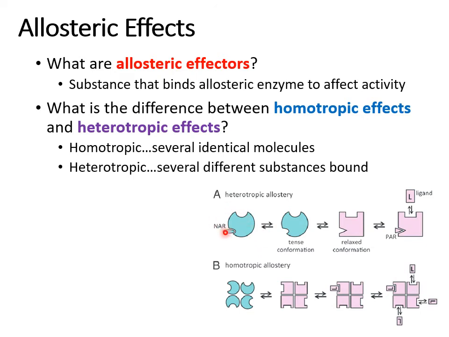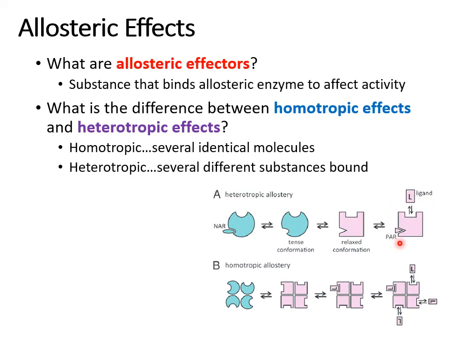Whereas heterotropic allostery, or heterotropic effects, is when you have different substances binding to that same enzyme to create the effect on that enzyme. So this can mean different substances, where one's an inhibitor, one's a substrate, for instance, both bound to that enzyme at the same time and having an effect.